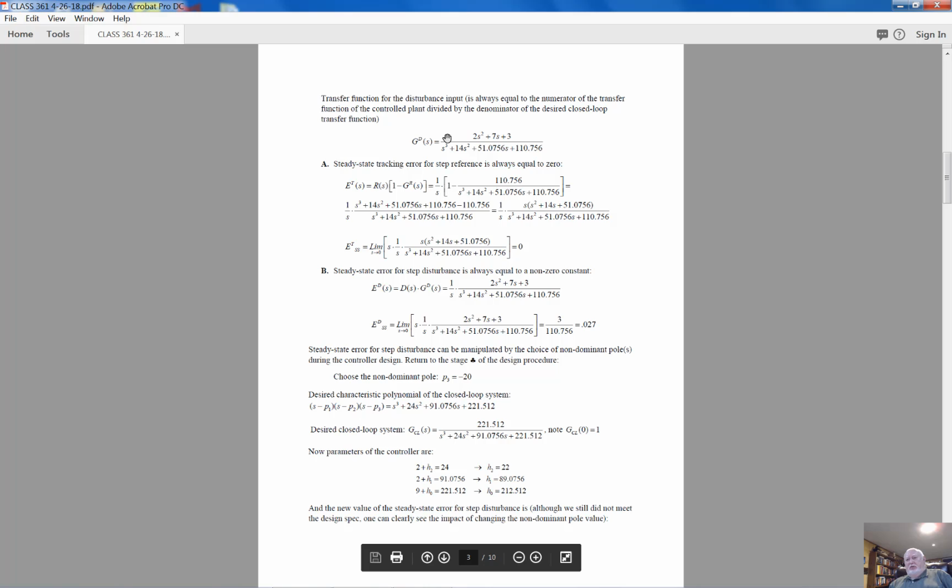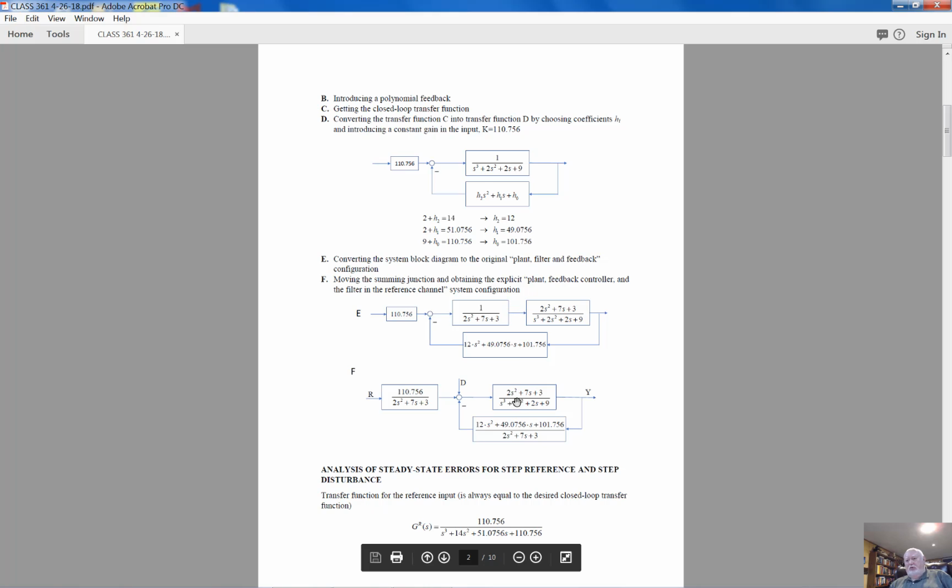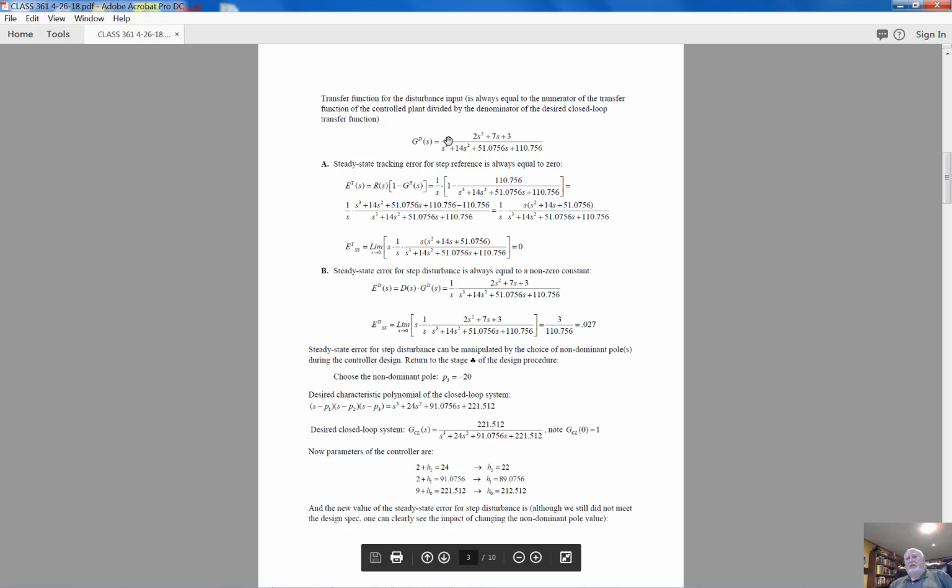For the disturbance, I want you to take a look at the input. Input is here, output is here. So this is the forward path. This is the feedback. This module does not contribute to the disturbance business at all. If you perform block diagram reduction properly, you will get this transfer function. This is the transfer function that relates the disturbance to the output of the controlled plant.